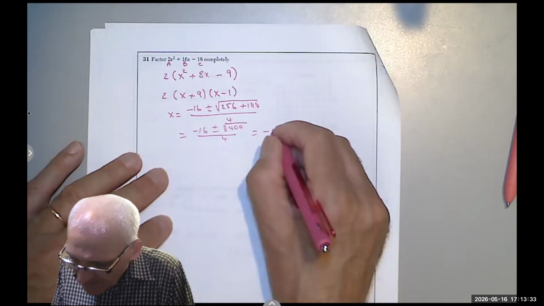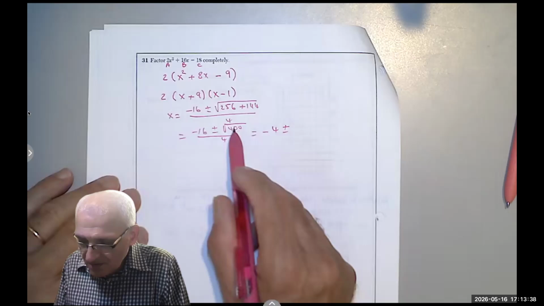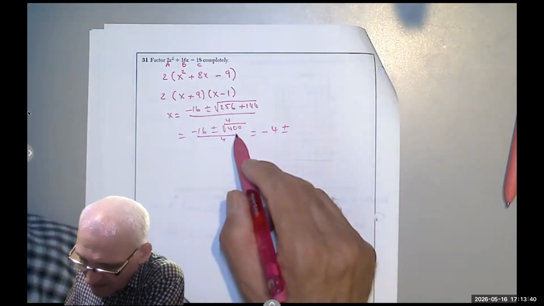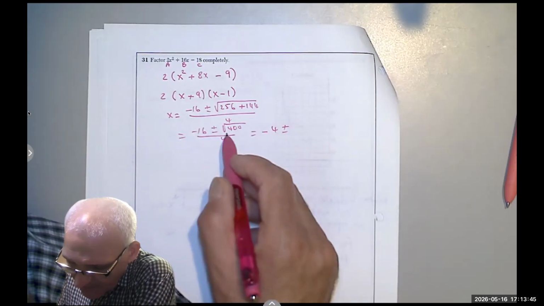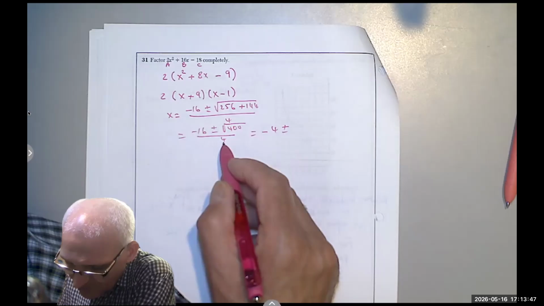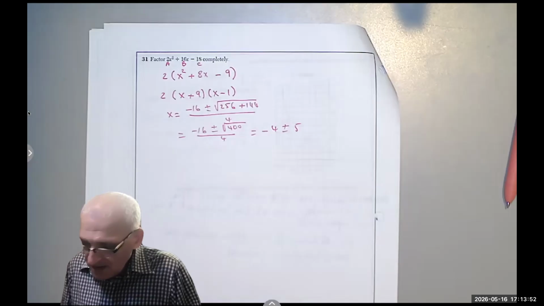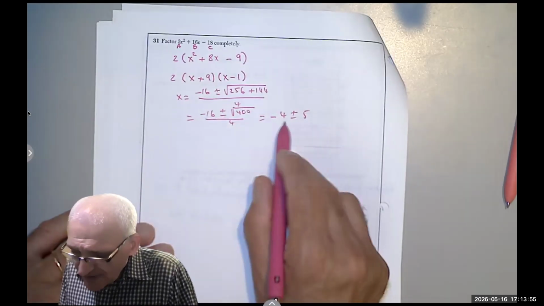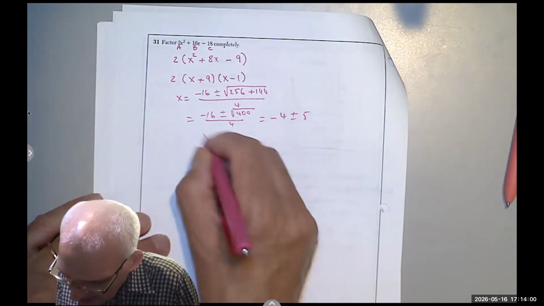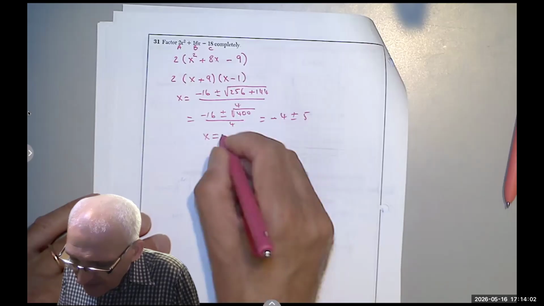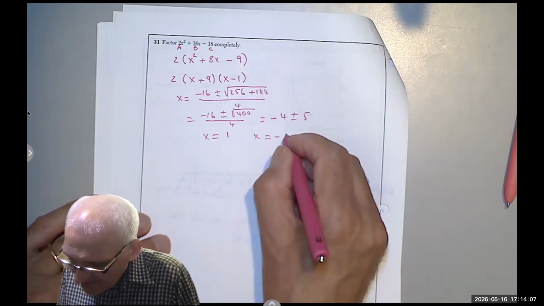So it's negative 4 plus or minus, if you take 16 out, it's 16 times 25, so if you take 16 out, it becomes 4. Divide by 4 is 1. So you get negative 4 plus or minus 5. So x equals negative 4 plus 5, or 1, or x equals negative 4 minus 5, which is negative 9.